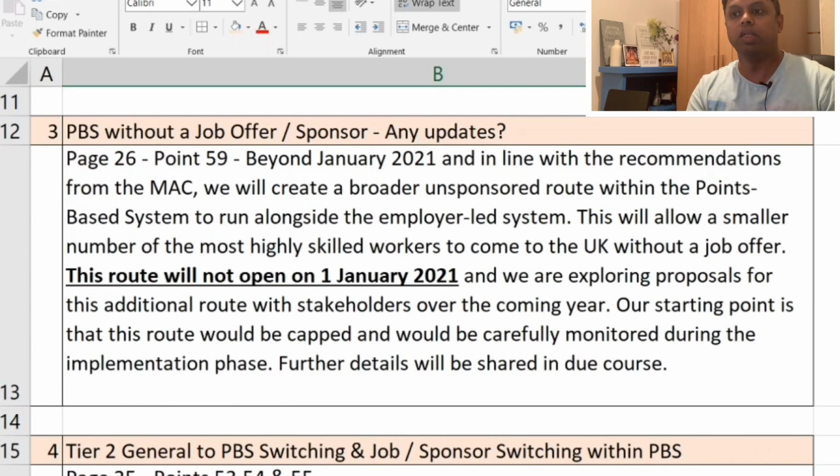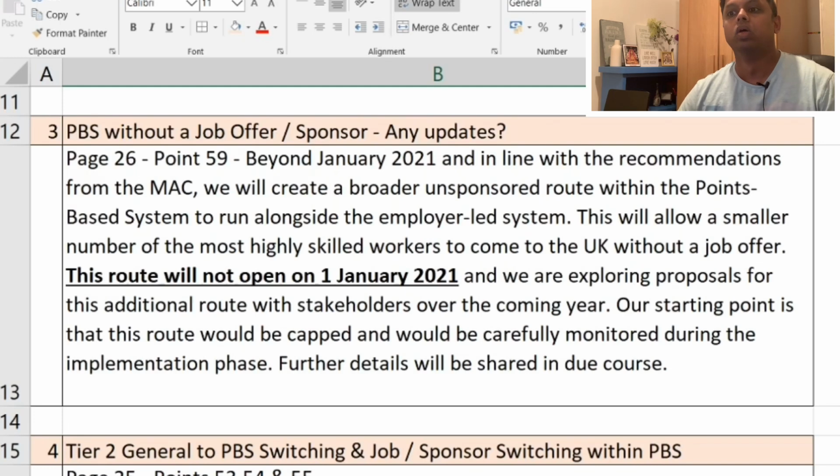Now, on page number 26, point 59, they've said that when it opens on 1st January 2021, this route will not exist. But they're still working with the recommendations from MAC, and they are probably going to roll this out later. So the timeline is not there, but they've not ruled it out. When there is news about it, I'll update it, but at the moment it's not there.